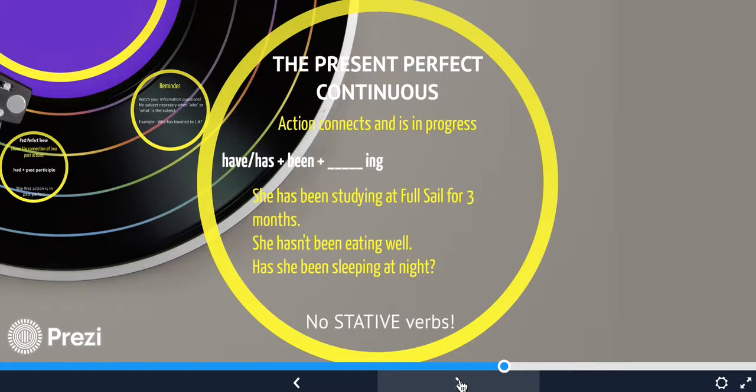But here the present perfect is showing an action that started in the past, connects to now, and is happening right now. So it's almost like present progressive and present perfect combined. Here you can see the formula. She has been studying, she hasn't been eating, and has she been sleeping?